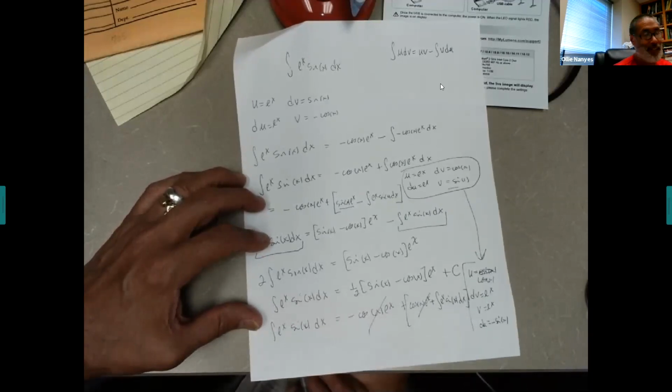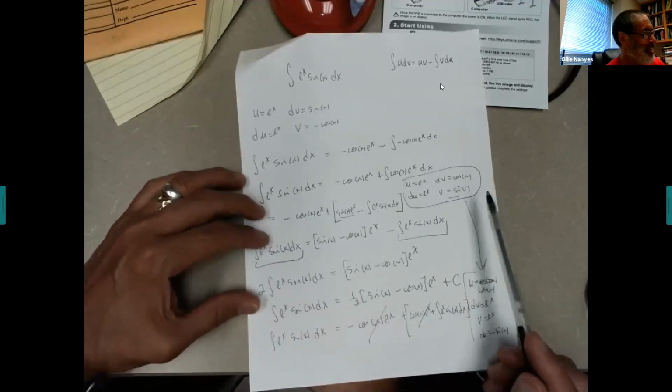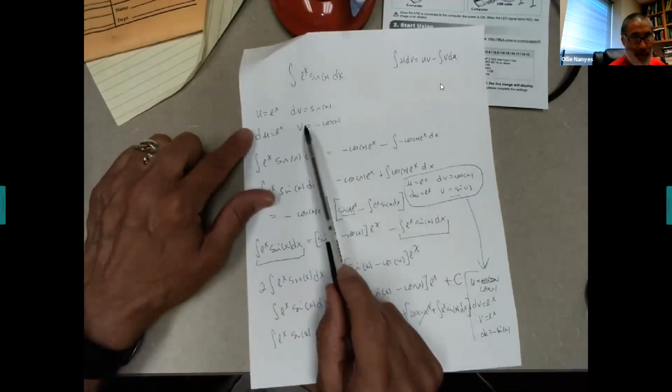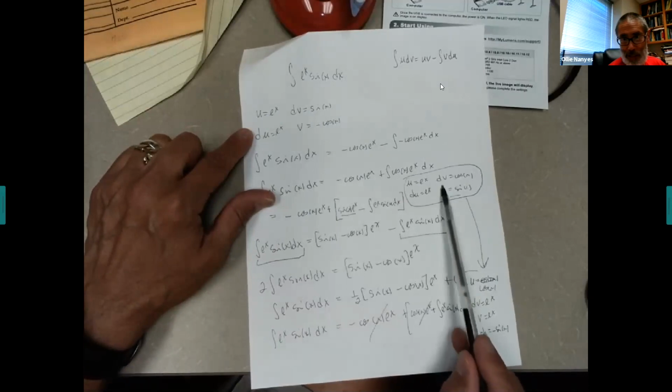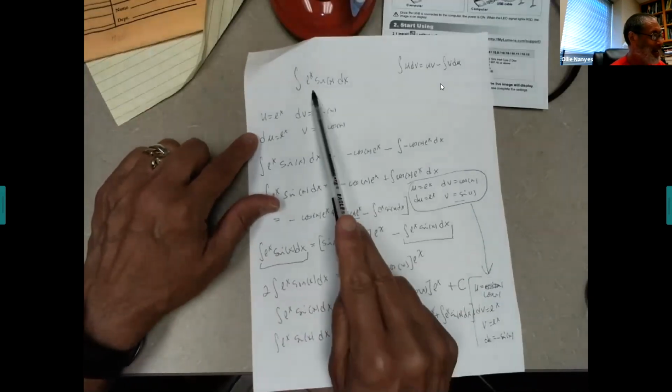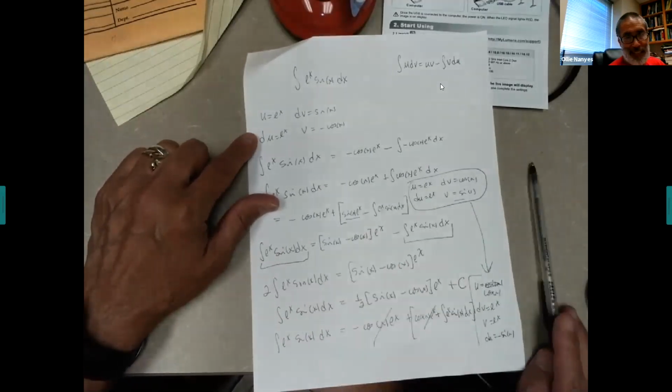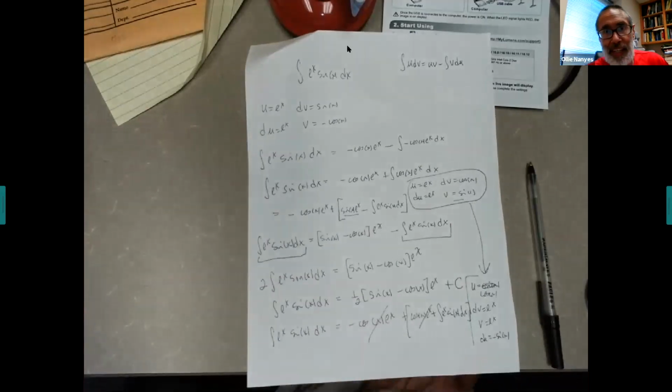That's true, but it's not very helpful. So you see, the key is whatever choice you made here, you have to make it at this stage as well. And that's how you handle something like e^x sin x. Okay? And I will end this short video here.